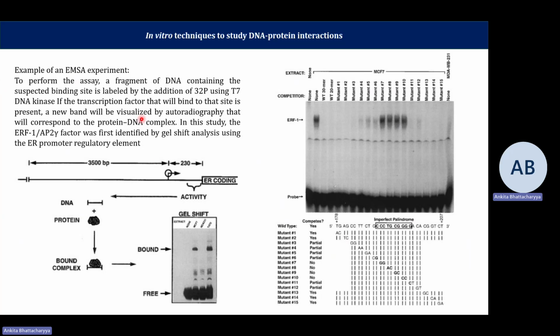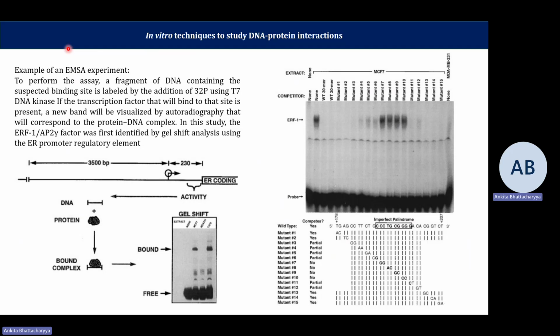So this is an example of an EMSA experiment. To perform the assay, a fragment of DNA which carries the suspected binding site or interaction site is labeled by the addition of 32P, a heavy isotope of phosphorus, using T4 polynucleotide kinase, which allows the introduction of this 32P.